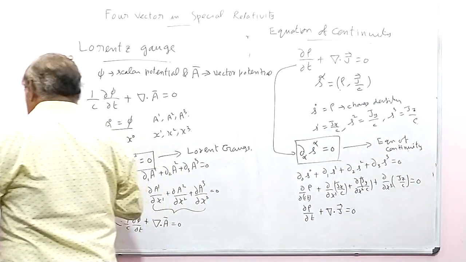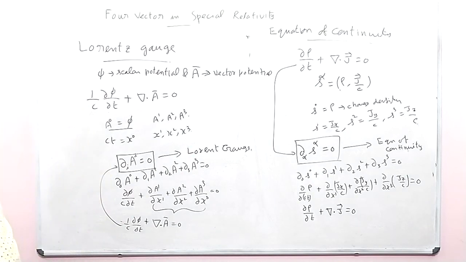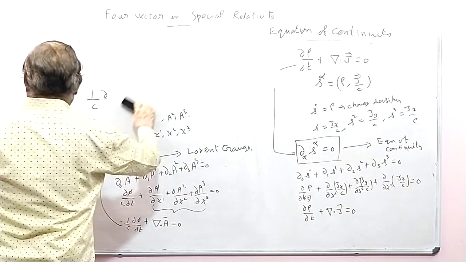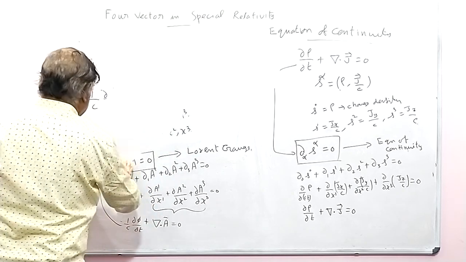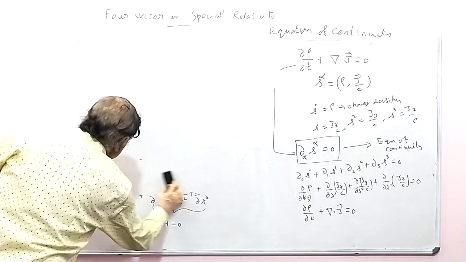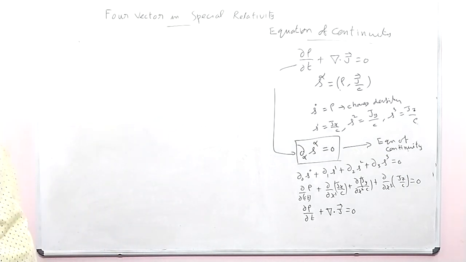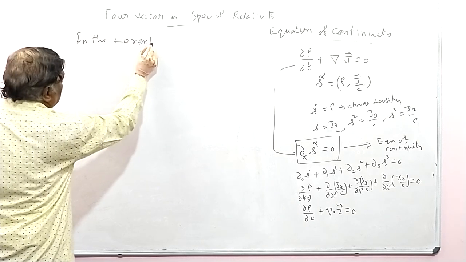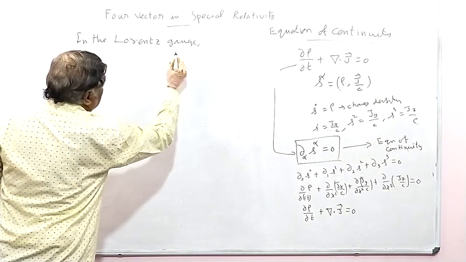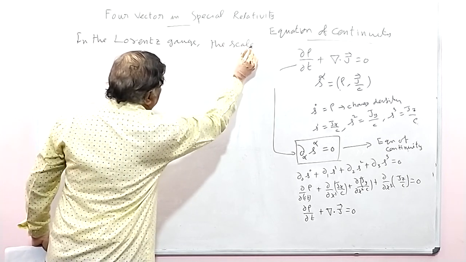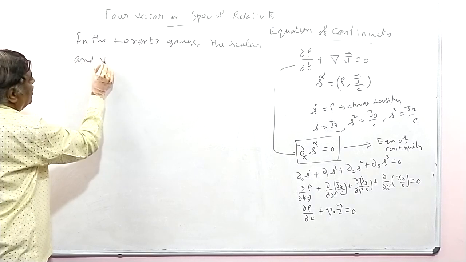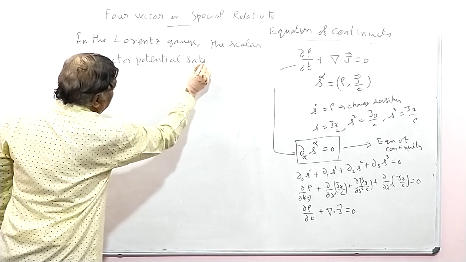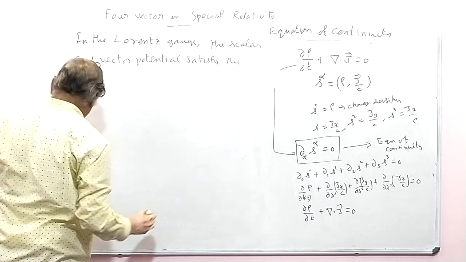Then the next one: let us write down that in the Lorentz gauge, the scalar and vector potential satisfy the wave equations.